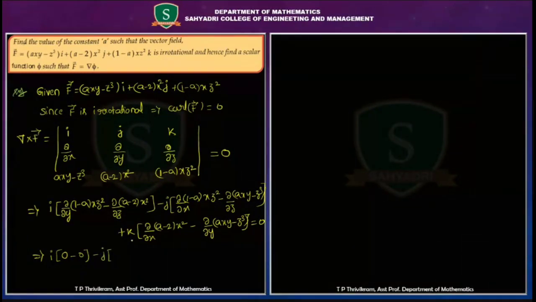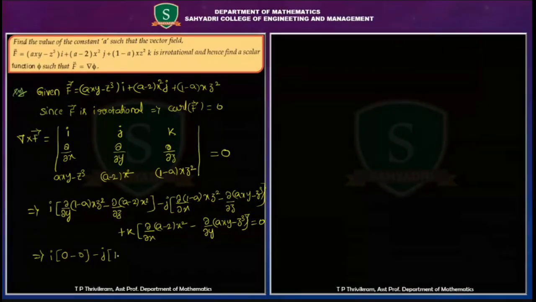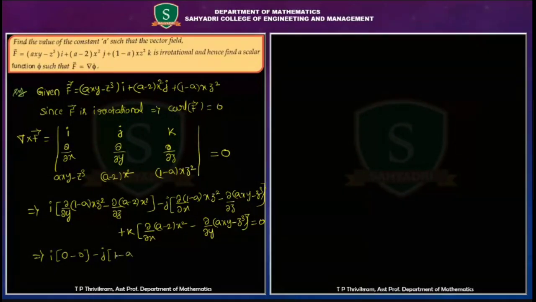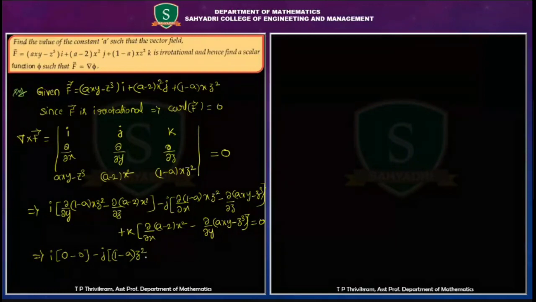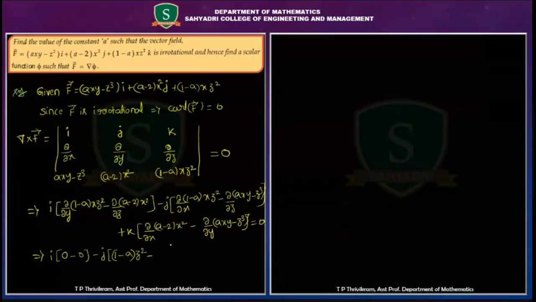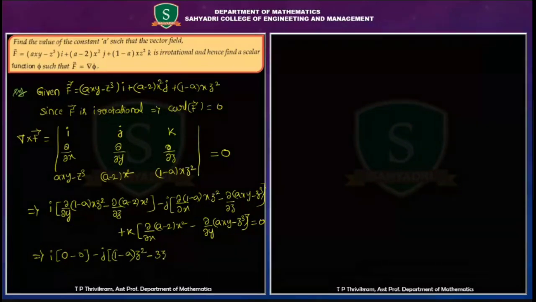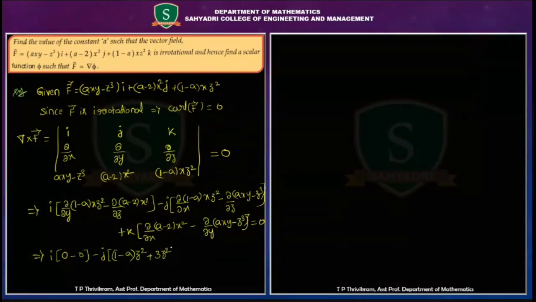Minus J into, Z is 0, so 0; then (1 minus A) Z square, you are differentiating with respect to X, right? Minus minus 3Z square, so minus of minus 3Z square.